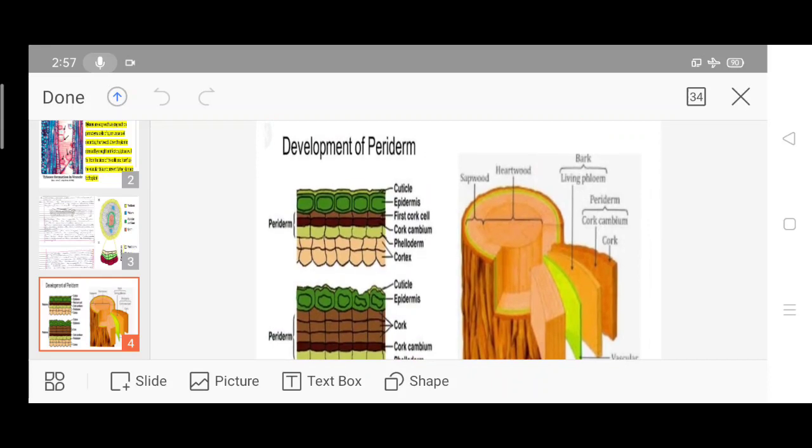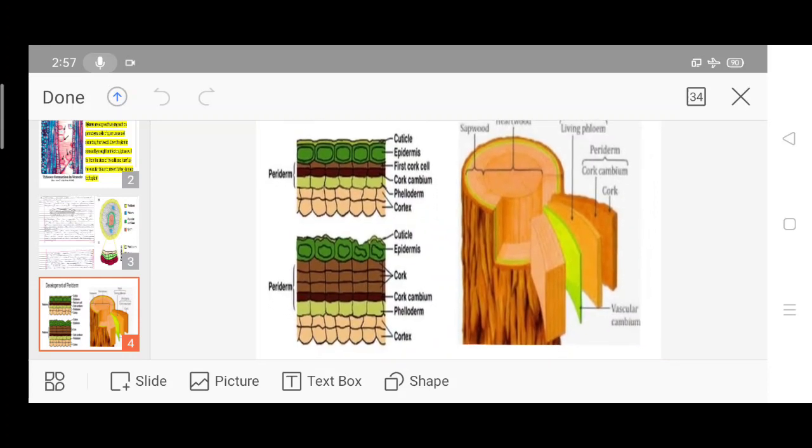Then these are also pictures of the periderm. In these you have to see in the stem of the plant how these layers are differentiated. In the first, there is a color picture of the periderm. There is the outer layer cuticle, then epidermis, then cork cells, cork cambium, and phelloderm. The cork cambium divides and forms the cork cells and the phelloderm.